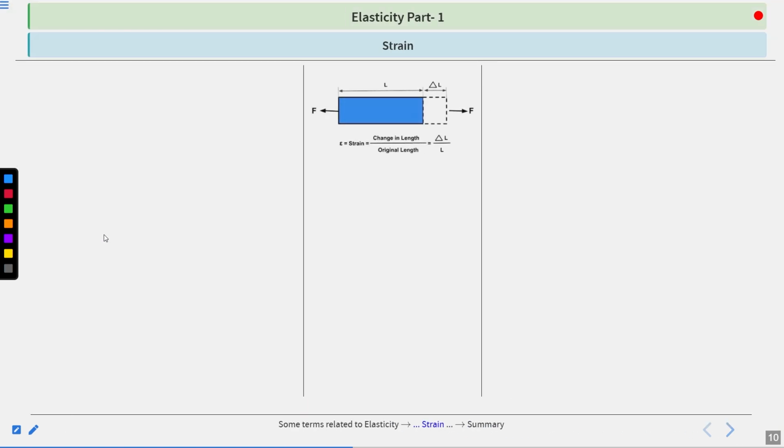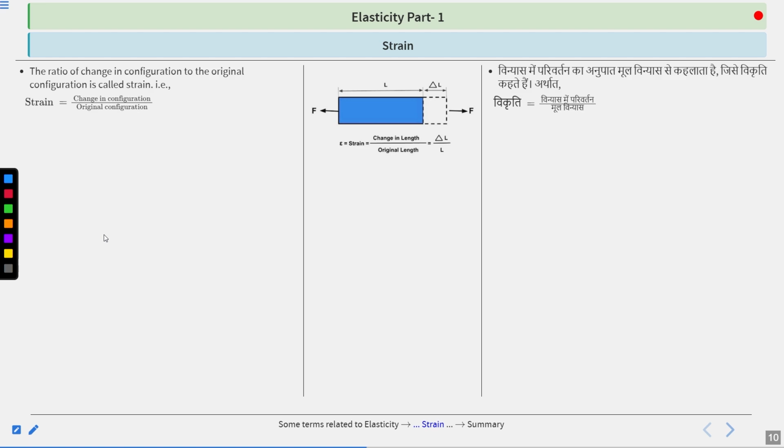After stress, now we have the strain. The ratio of change in configuration to the original configuration is called the strain. Originally, if the rubber band has a length of, for example, 0.5 centimeter, and when you stretch it, its length is now 1.5 centimeter, that is how much change there is.